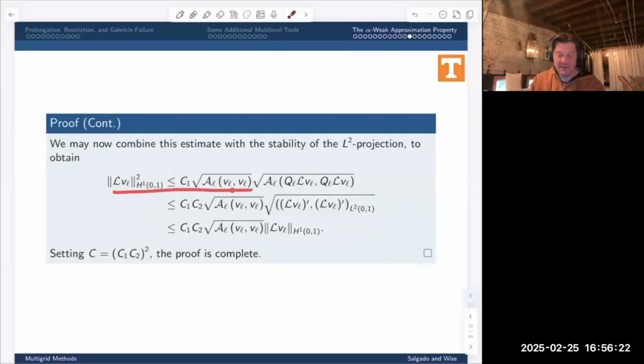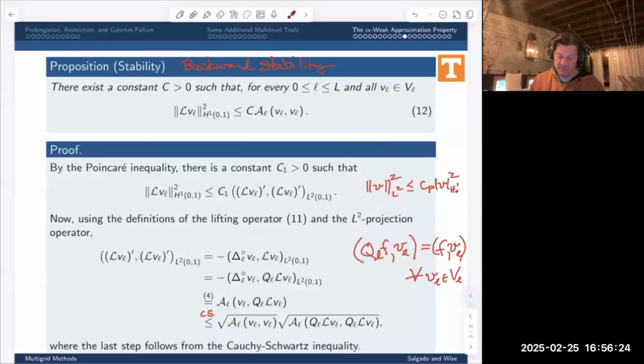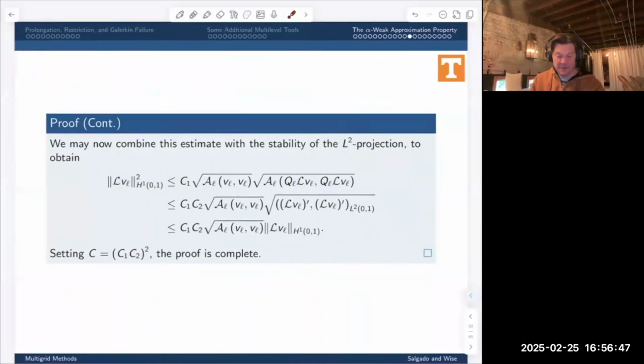We're just going to copy down the same thing that we had on the last line. Oh, I did make a mistake. This object here is not quite that object. We have to use our Poincare inequality to get there. So this object is less than C1 times this object, which is less than C1 times that object. So if I use the Poincare inequality, this object is less than C1 times that.